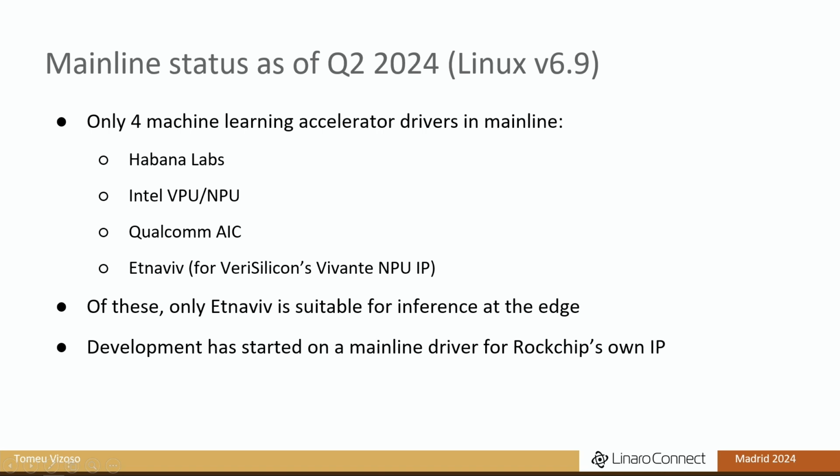And then there's the driver in mainline that interfaces with Vivante GPUs, which come from VeriSilicon these days. They acquired that. And that can be used as well for the NPU IP because the IP has the same front end in the hardware as the GPU. And of these, if you have an SoC for embedded in edge, it's the only one that you will be able to use right now.